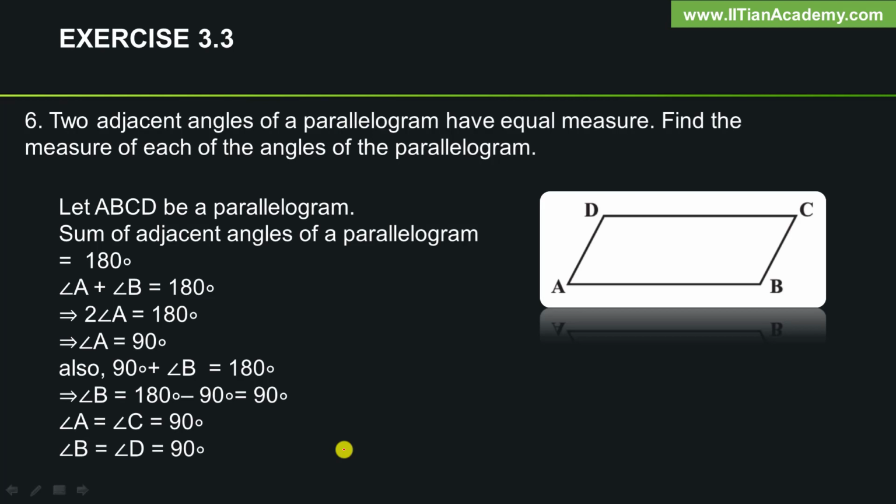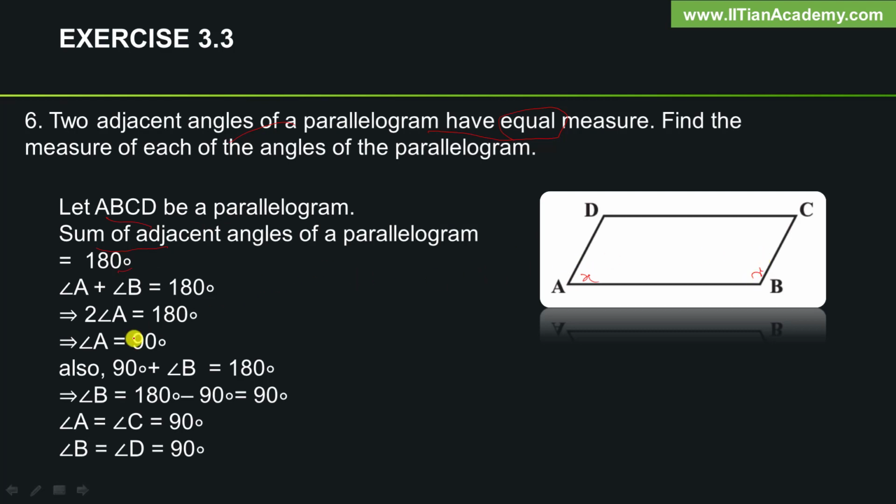Question 6. Here, we have to find the measure of each of the angles of the parallelogram, when two adjacent angles of a parallelogram have equal measure. Let ABCD be a parallelogram. Now, the sum of adjacent angles of a parallelogram equals 180.